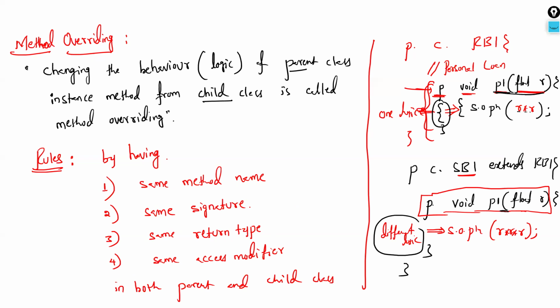Yeah, understood. So what is the scenario where we have to override? Any example? For that, let us understand one example. There is a class, public class, the class name, say Shape. Inside this one, I want to define one method, the area method.